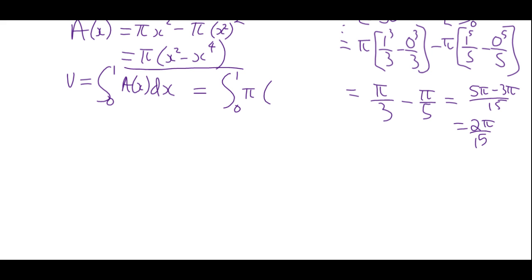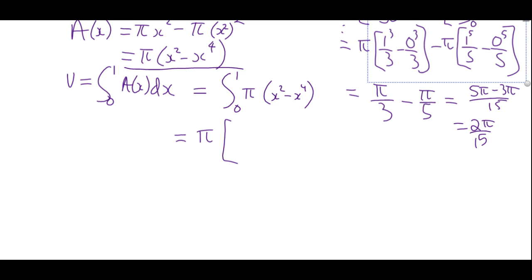Okay, so here's our expression for area: pi times the outer radius minus the inner radius, so we get pi times x squared minus x to the 4th. We get the same thing here, but we don't have to now work out all of these separately.